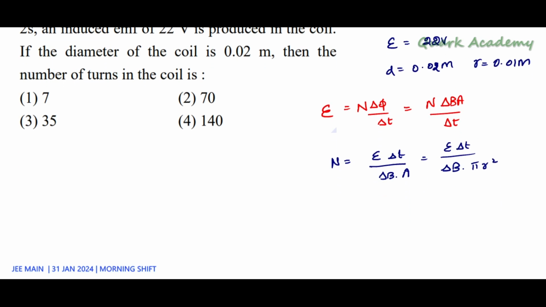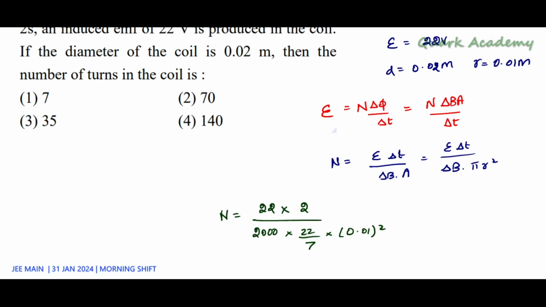So we'll substitute everything. Induced EMF 22 volt, change in time 2, and change in magnetic field 2000, pi is 22 by 7, r square is 0.01 square.